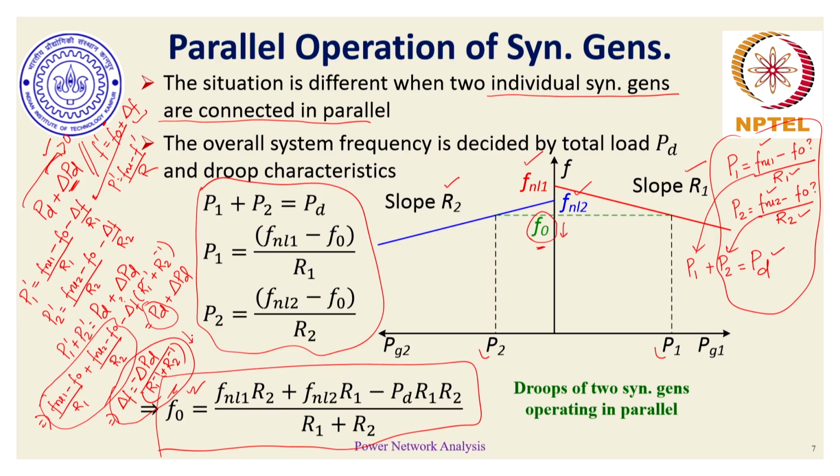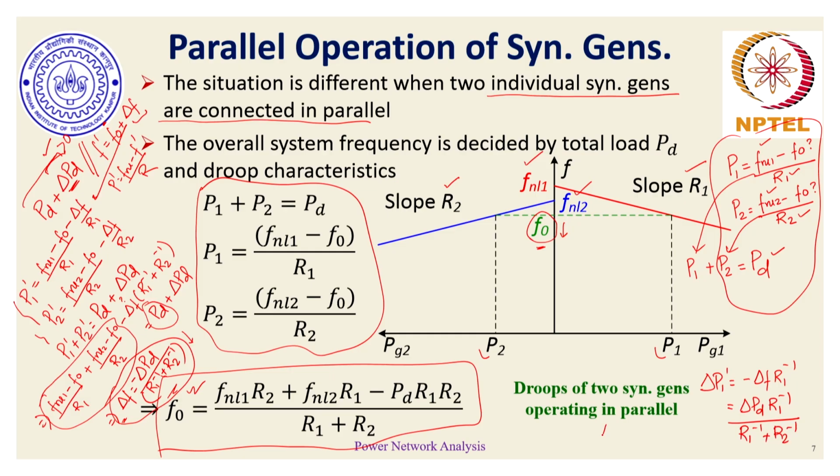Now if the new frequency has gone down, can we not also find what would be the change in generations? If I go back and see my previous generations, then the change in generation 1 is minus delta F into R1 inverse. If I substitute delta F from here, then this is equal to delta PD times R1 inverse by (R1 inverse plus R2 inverse).